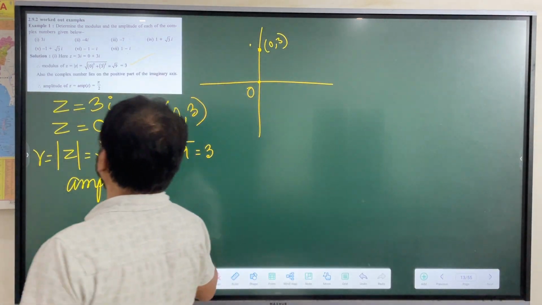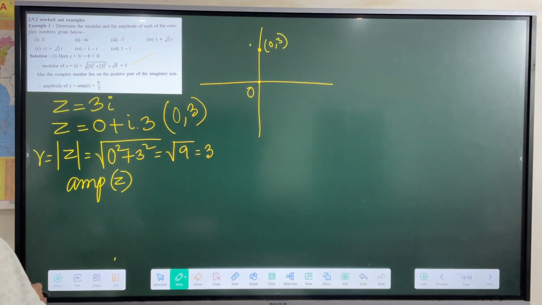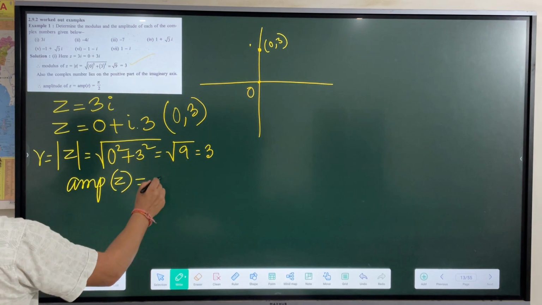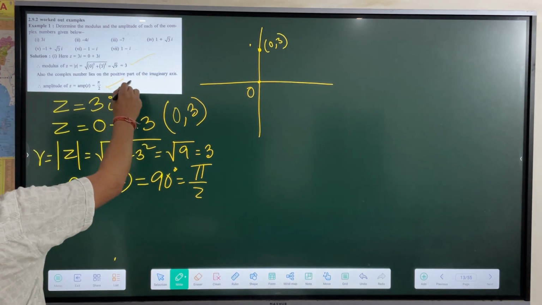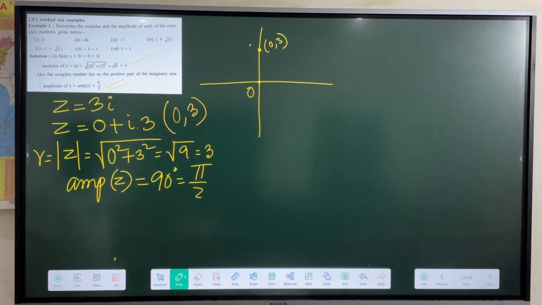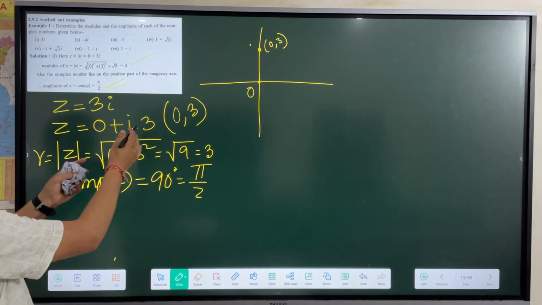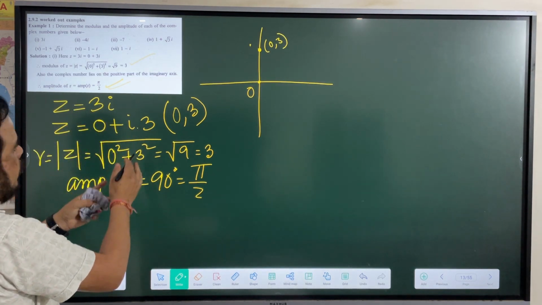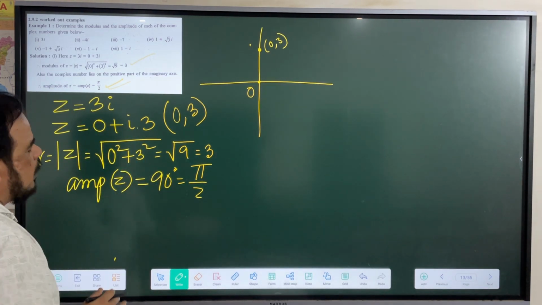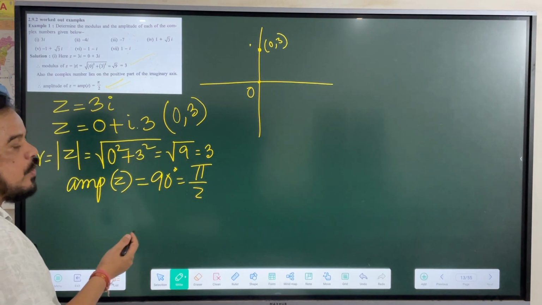Directly we can write the amplitude of z equals 90 degree or pi by 2. If either x is 0 or y is 0, then we can directly find the value of theta, meaning the amplitude of z.